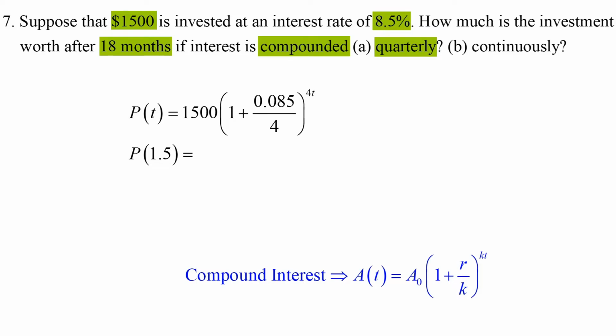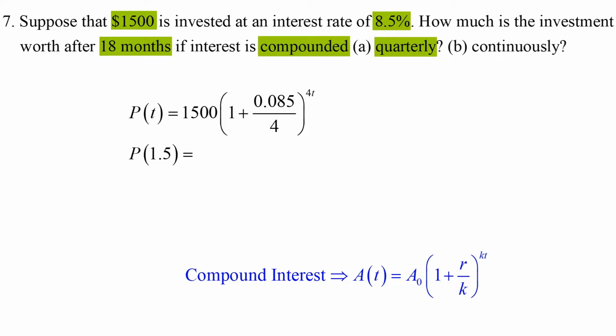So I'm going to very carefully go 1,500 parenthesis 1 plus 0.085 divided by 4, close my grouping symbol, to the, and now when I go 4 times 1.5 right here, if I don't want to do that arithmetic, I'm going to put this power in parentheses, to the parenthesis 4 times 1.5, close that parenthesis, and you could have gone 4 times 1.5.